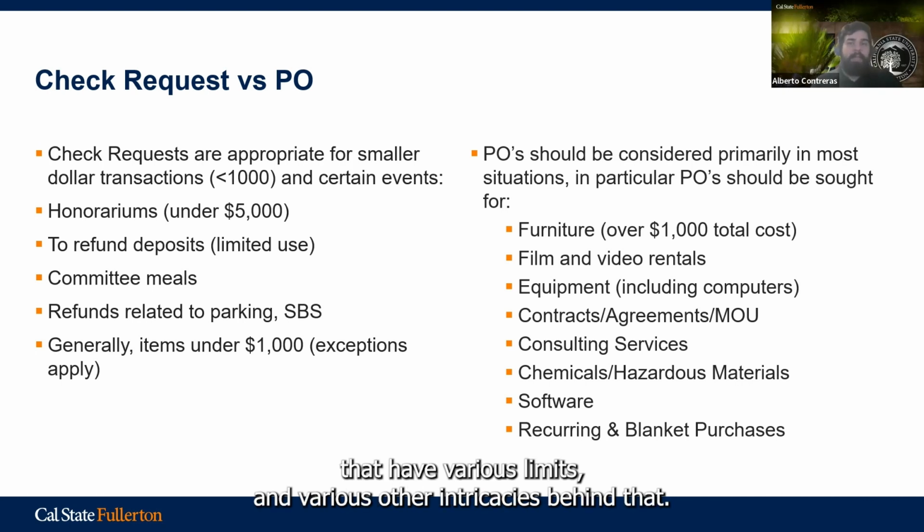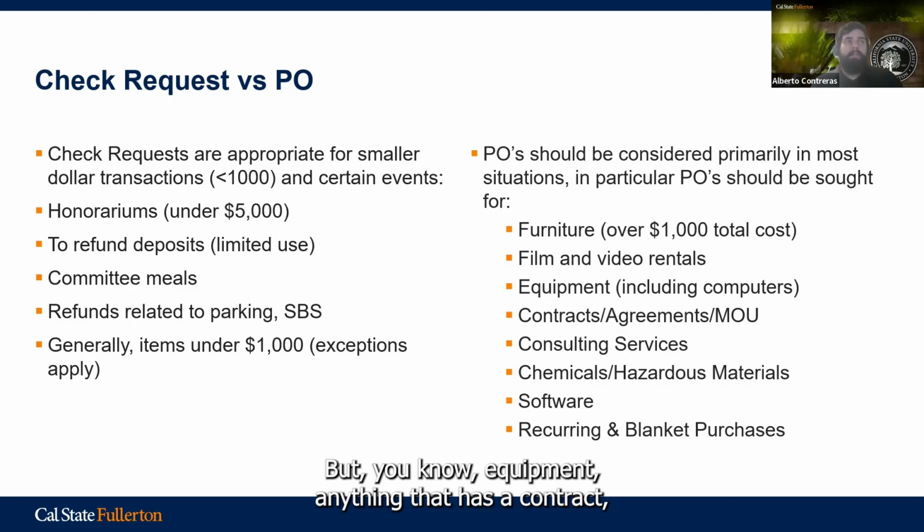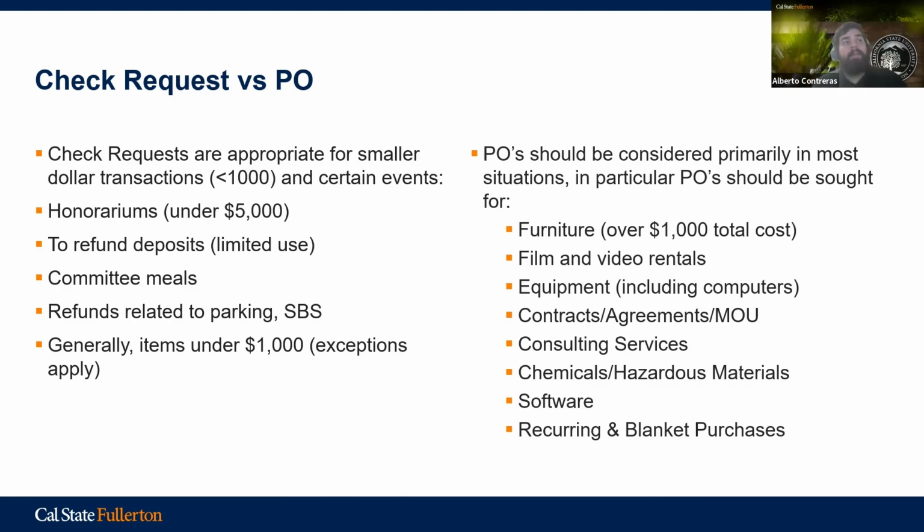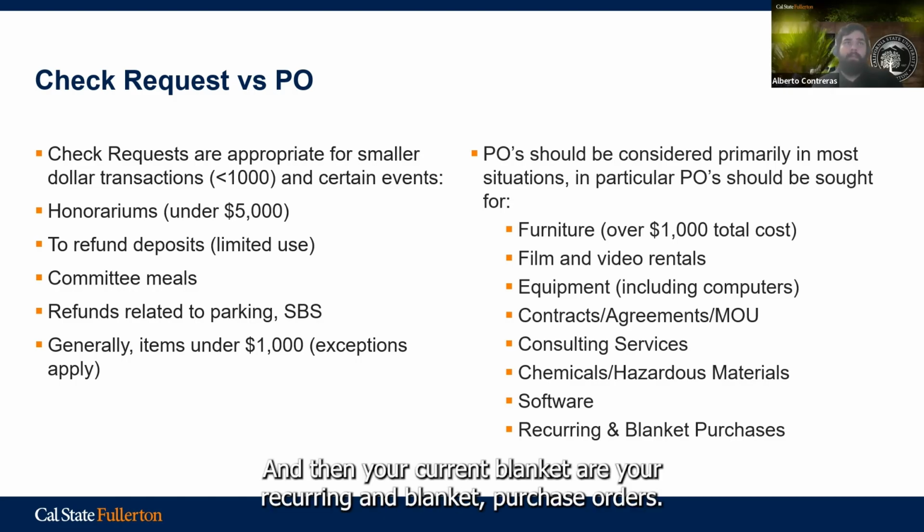There's various limits and various other intricacies behind that. But equipment, anything that has a contract, some sort of agreement or a memo of understanding, an MOU, consulting services, specifically anything that has to do with chemicals or hazardous materials, software, and then your recurring and blanket purchase orders.